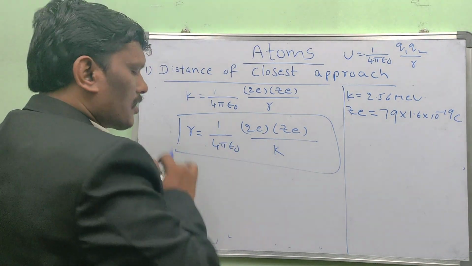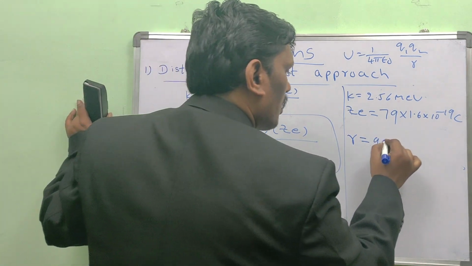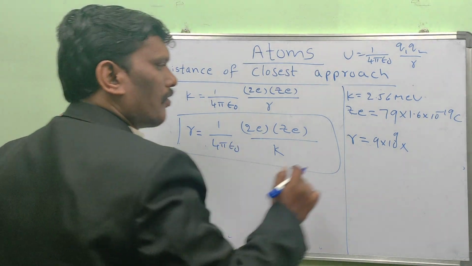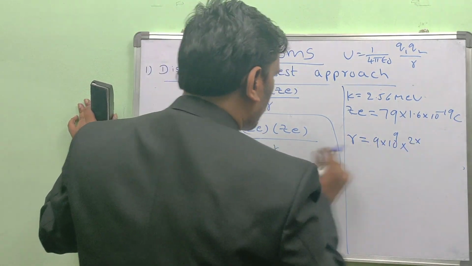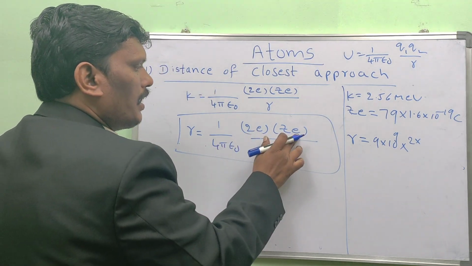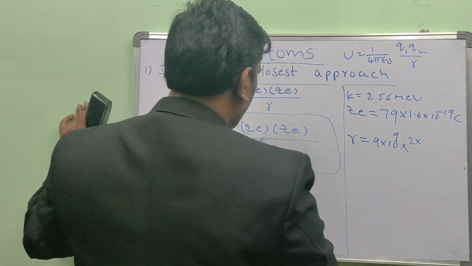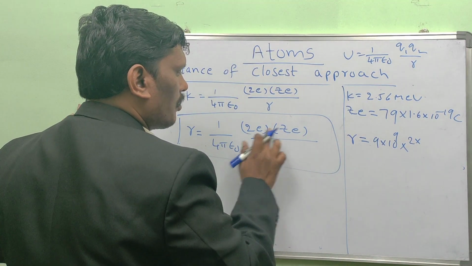Then how to calculate the distance of closest approach? R is equal to 1 by 4 pi epsilon naught, which means 9 into 10 power 9, into 2 times E. What is the meaning of that? 2 into E, with E into E giving E square. That means 2 into Z into E square.